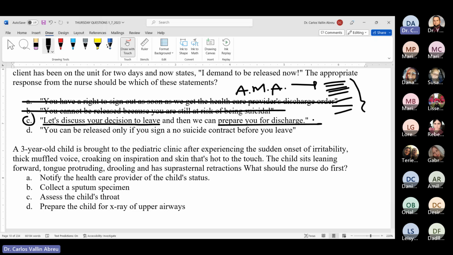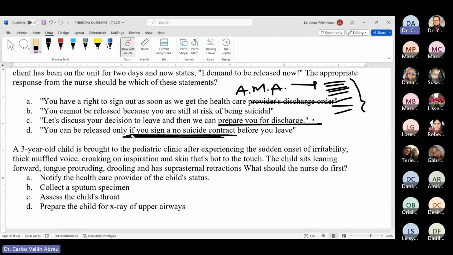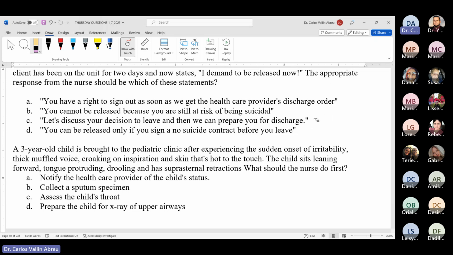So it is the best option. There is no conditioning, there is no legal limitation of any kind for leaving the hospital. If you introduce any limit, it is even a possibility of a felony called false imprisonment. We cannot do that. Okay, that's it.